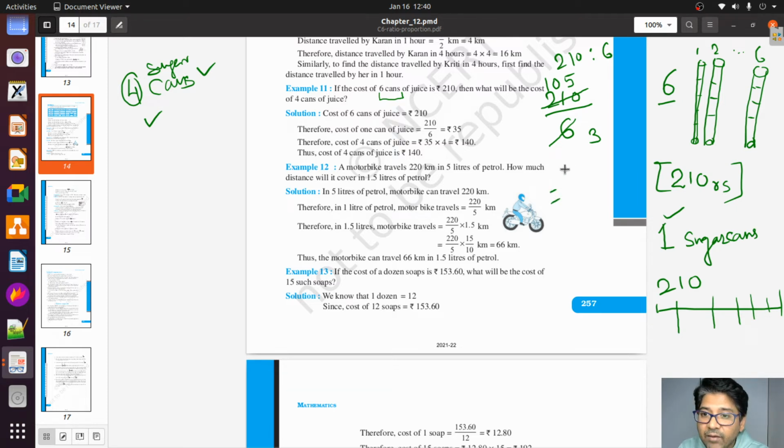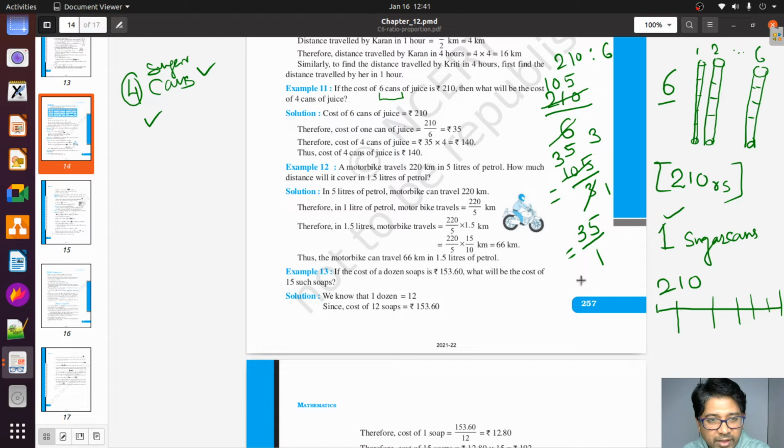Now we have 105 by 3. Now we can further divide. Yes, we can divide further. So 3 से डिवाइड करते हैं, 3 ones 3, 3 fives 15, so I got the number 35 by 1.